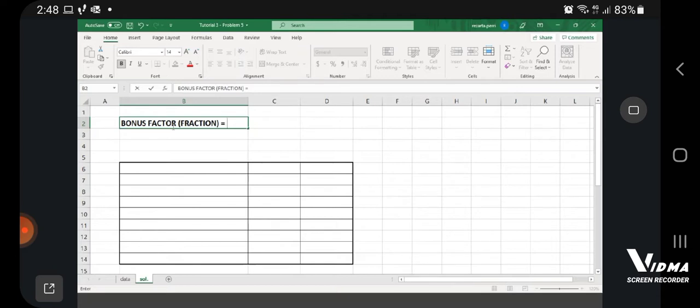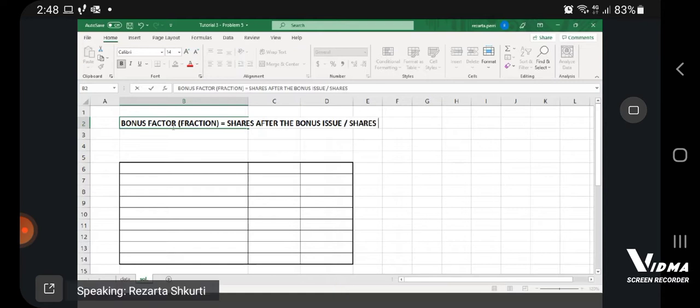The bonus factor is the ratio of the number of shares after the bonus issue to the number of shares before the bonus issue. That would be very easy to calculate.